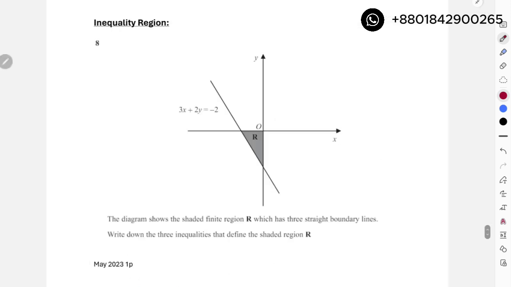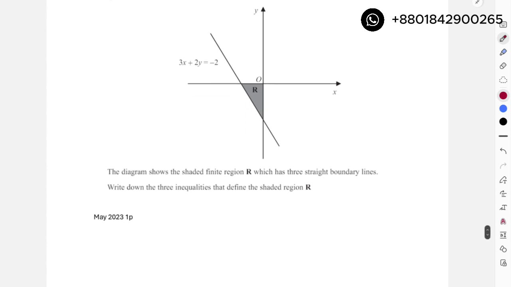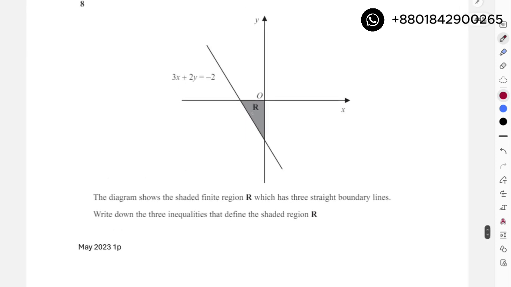Okay, then the last thing we're going to learn here is inequality region. For example, in this question, we have to identify the region R, like express region R in terms of inequalities. One thing to understand is that for this kind of inequalities, you have to understand if the lines are drawn as solid line or broken line.